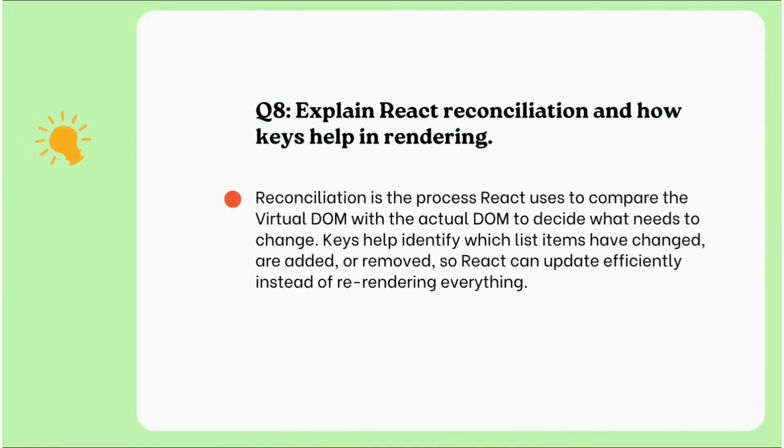Explain React reconciliation and how keys help in rendering. Reconciliation is the process React uses to compare the virtual DOM with the actual DOM to decide what needs to change. Keys help identify which list items have changed, are added, or removed, so React can update efficiently instead of re-rendering everything.